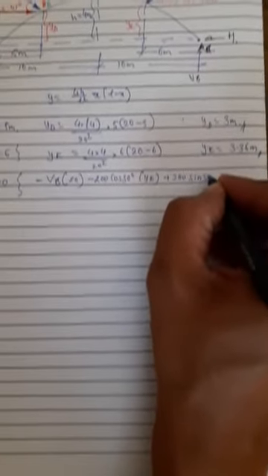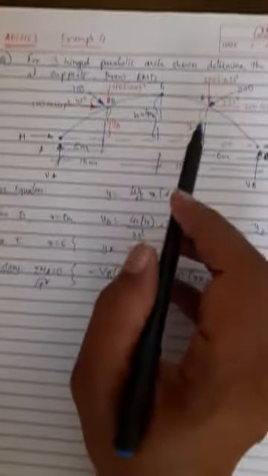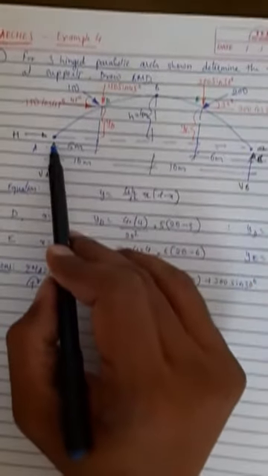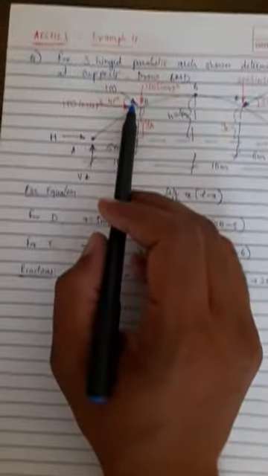Sign will be plus, 200 sin 30. Its perpendicular distance from A: from here to here this is 4, from here to here this is 10, so the perpendicular distance is 14.